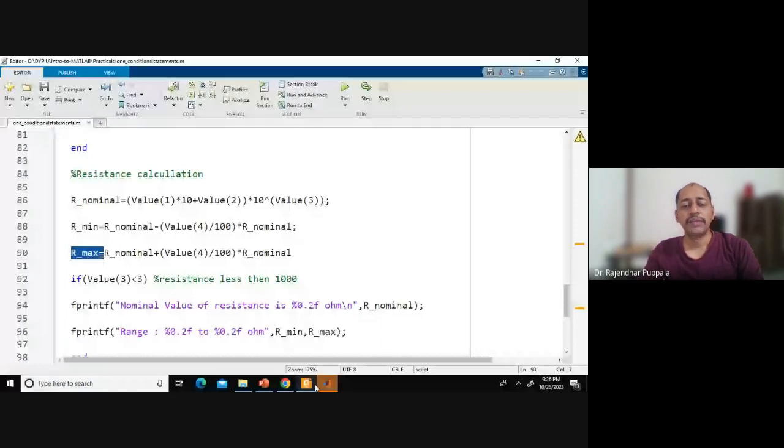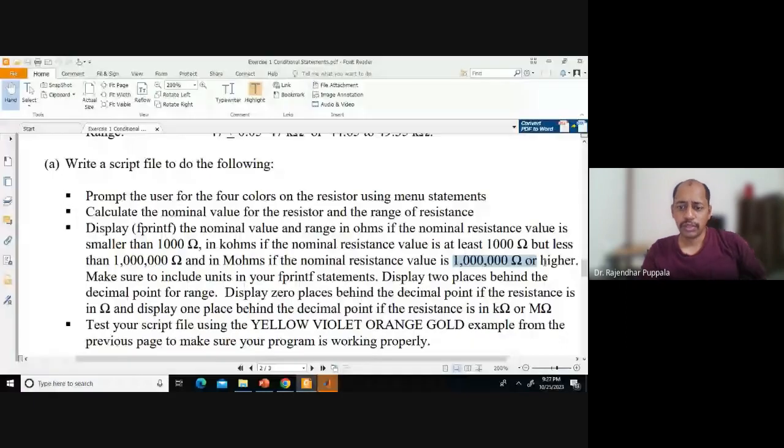If you are getting between 1000 and 1 lakh ohm, you can write it in terms of kilo ohms. And if it is 1 lakh ohm or higher, you can write it in terms of mega ohm, in mega ohms if the nominal resistance value is 1 lakh or higher.